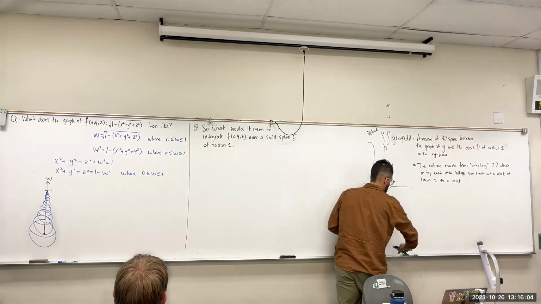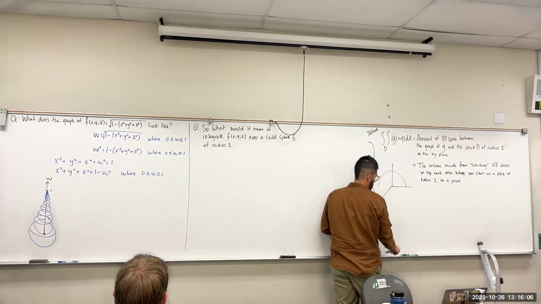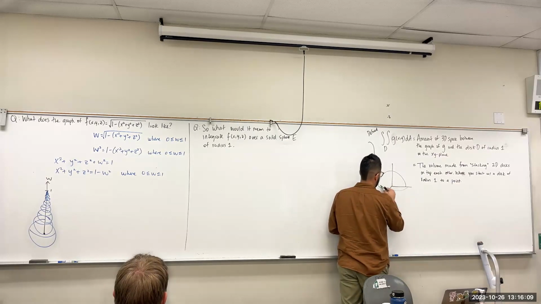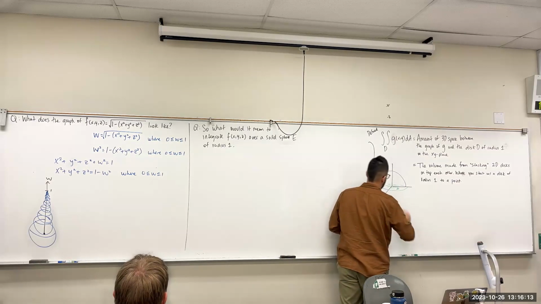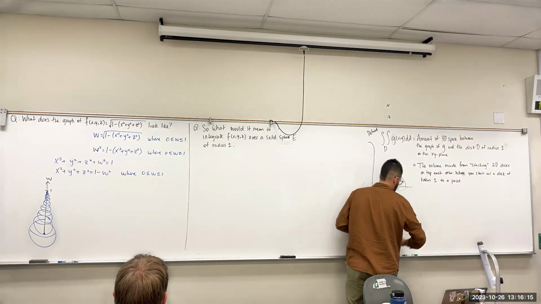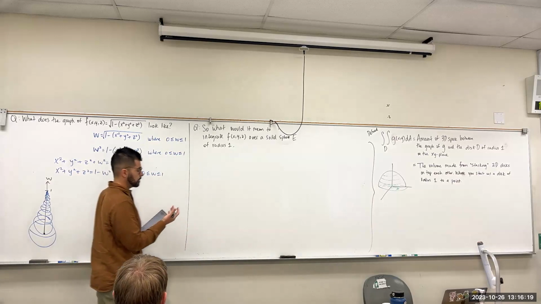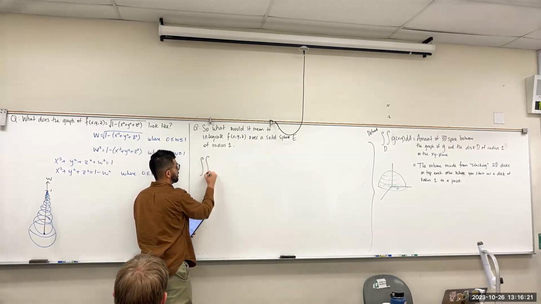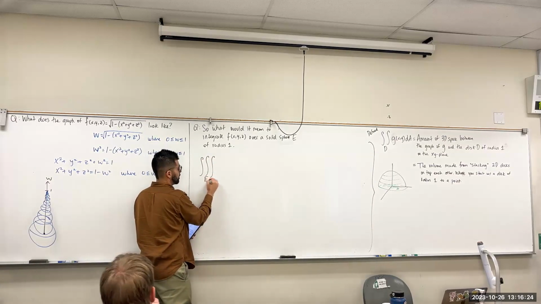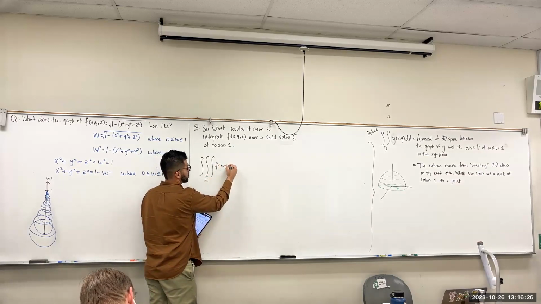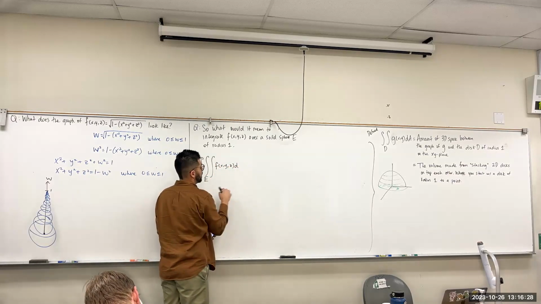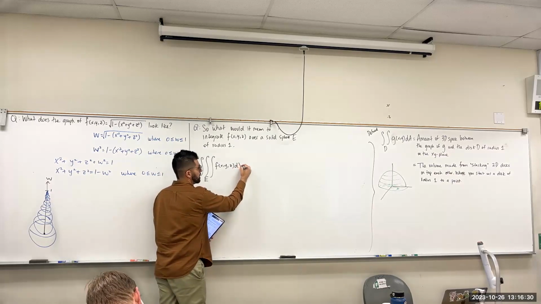Let me put the picture that I had here. So let's see, it's going to end up being a triple integral over some solid E of my function. But now instead of dA, it's going to be dV.